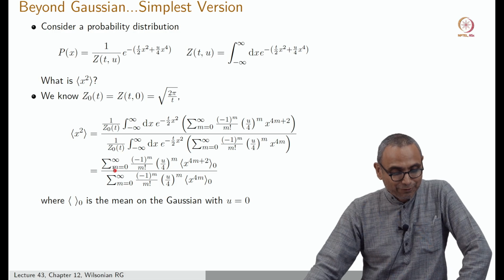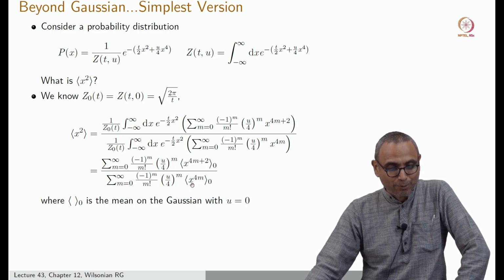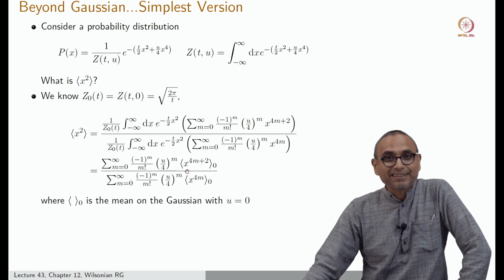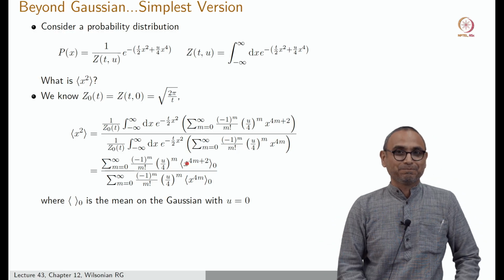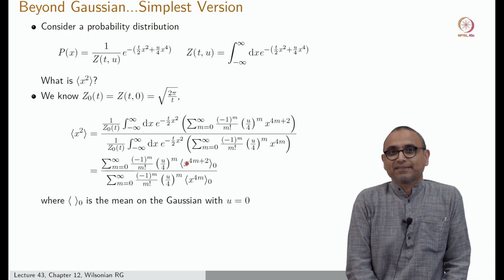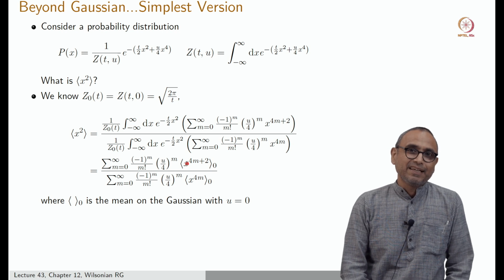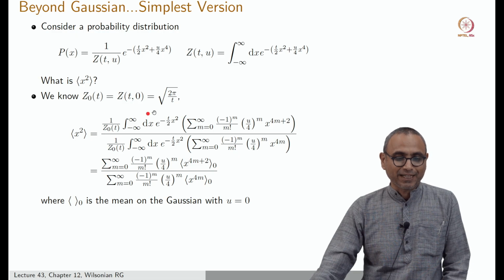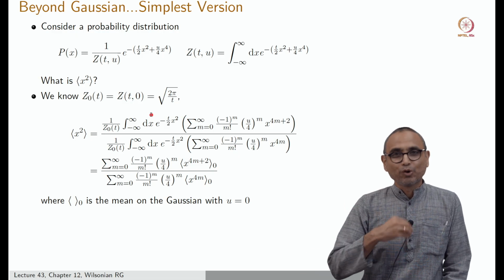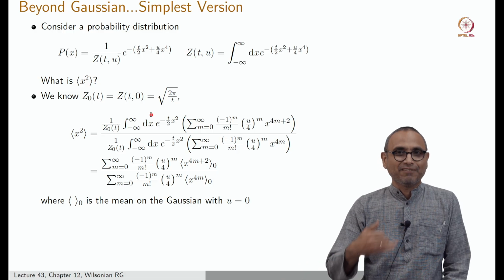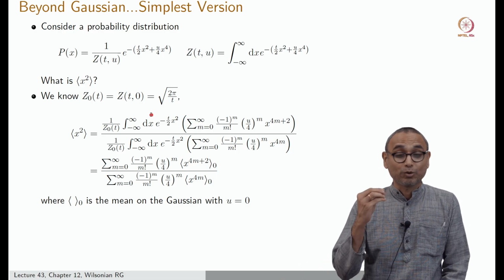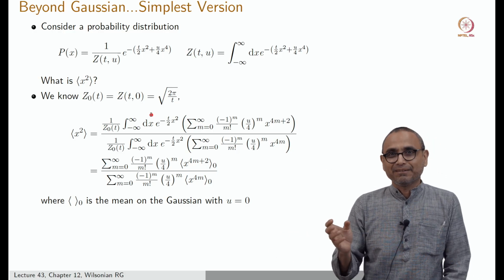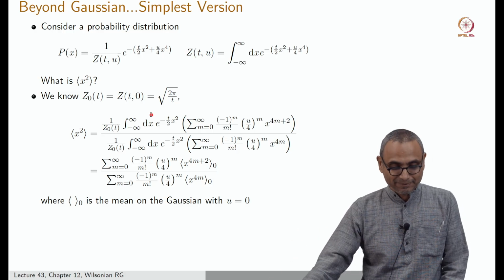And now you see, I have the numerator as a power series in u and the denominator also as a power series in u. And I know exactly how to compute the moments of a Gaussian distribution. Now the remarkable thing about the moments of a Gaussian distribution is the following. If you know the second moment of the Gaussian distribution, namely if you know the x square of the Gaussian distribution, then you know all moments. So another way of saying this is that the Gaussian distribution has only a single cumulant, right? So all the other moments will be determined by the single cumulant.